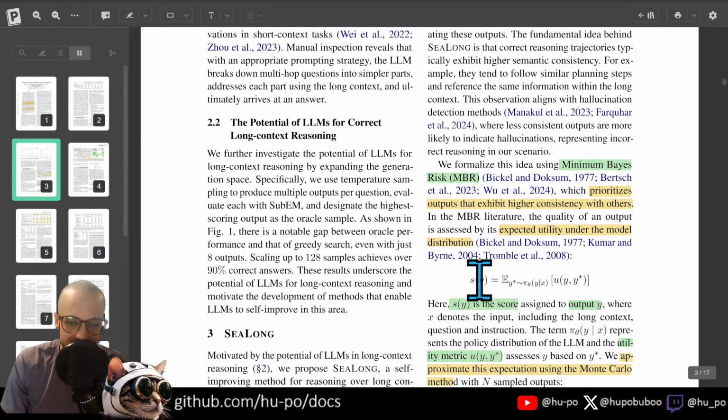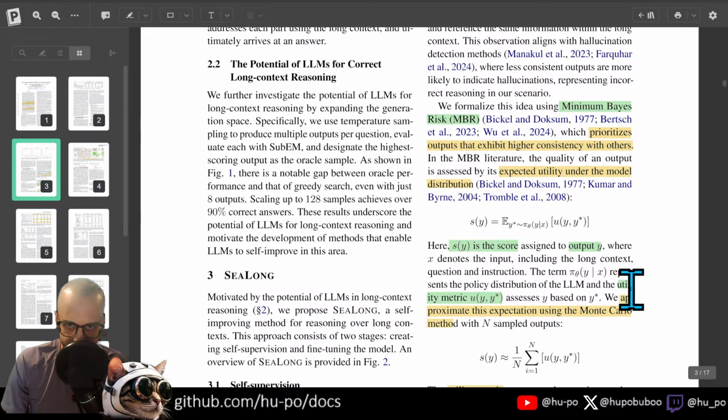The output Y star is coming from this pi naught, or pi theta, which is a language model consuming some input X and outputting some tokens Y, and the model has some parameters theta, right? So this is basically saying there's some score, I want to maximize that score, or minimize the negative of that score.